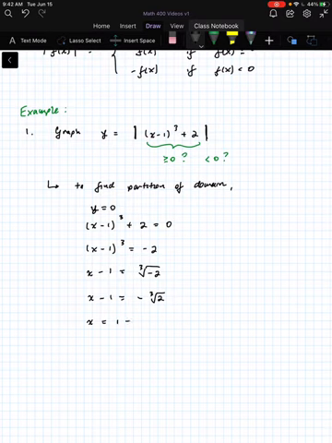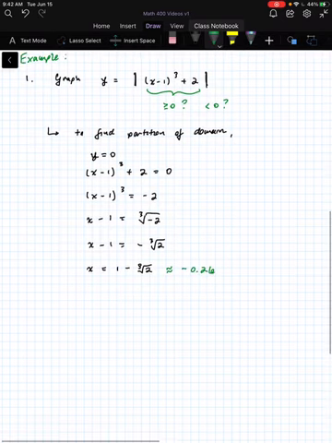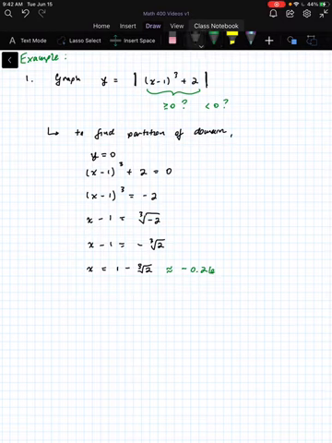And then lastly, x is 1 minus the cube root of 2, which is roughly negative 0.26. So this means our actual function, if we want to express it in a way that we can graph it, we'll be looking at left of negative 0.26 and right of negative 0.26.